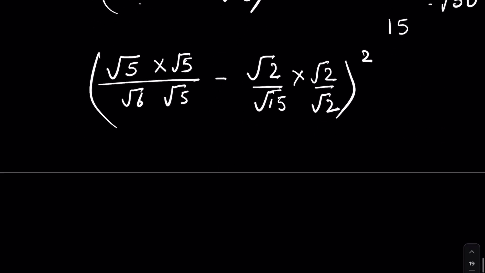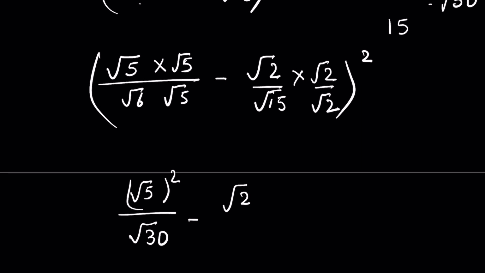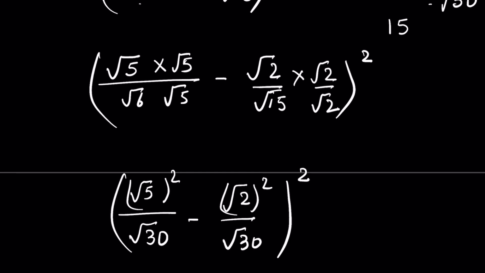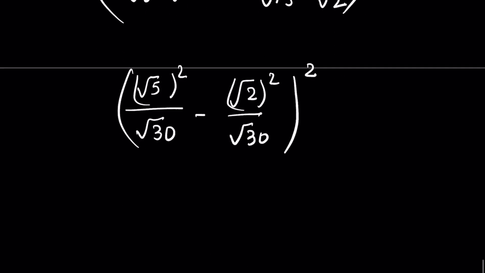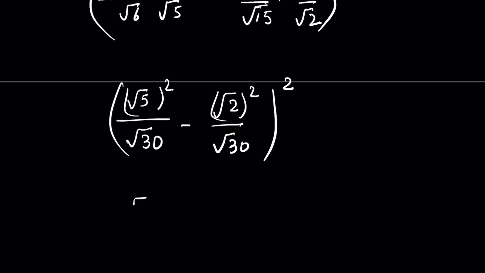So this will be square root of 5 square upon square root of 30 minus square root of 2 square upon square root of 30, whole square. Remove the square root with the square, so it is 5 upon square root of 30 minus 2 upon square root of 30, whole square.